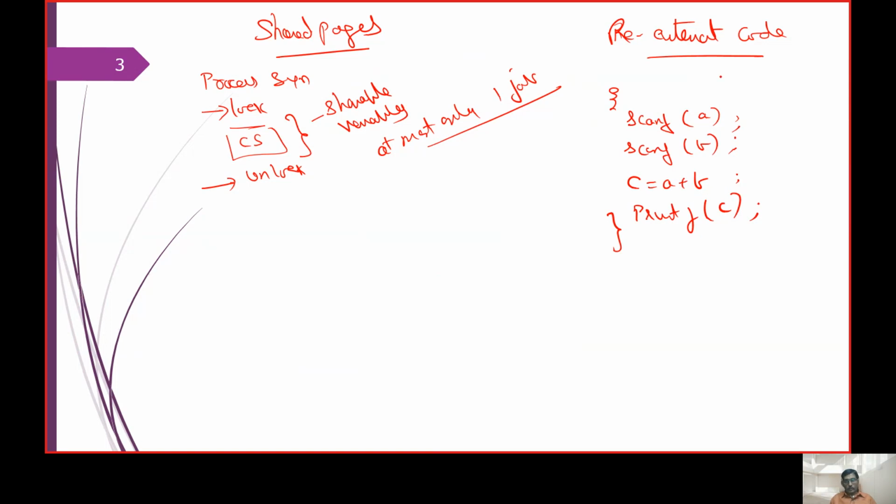Then I made this procedure fixed, and I call it add.c.